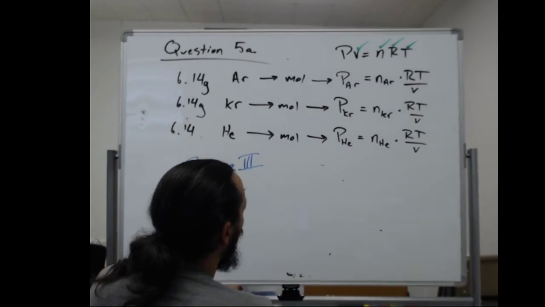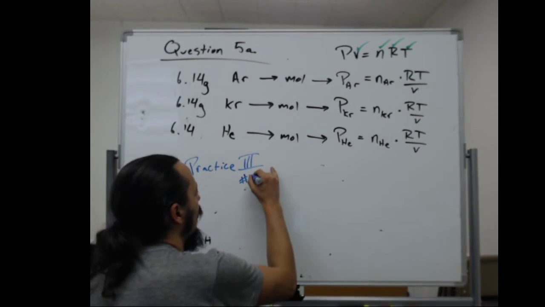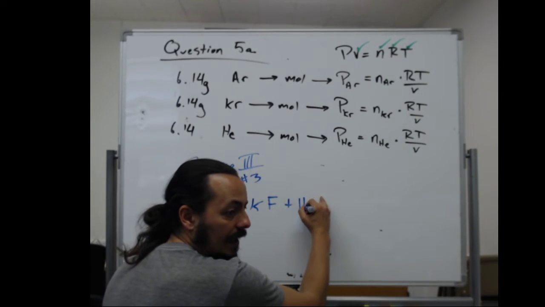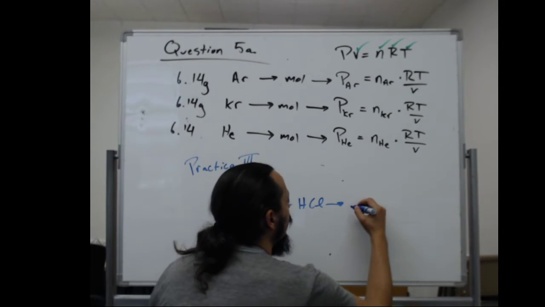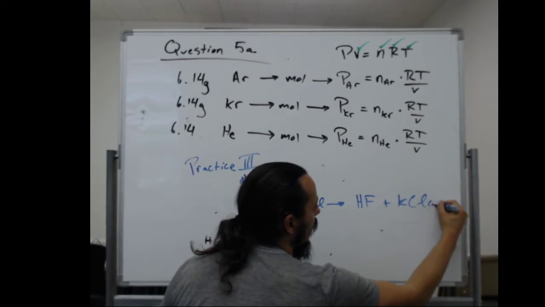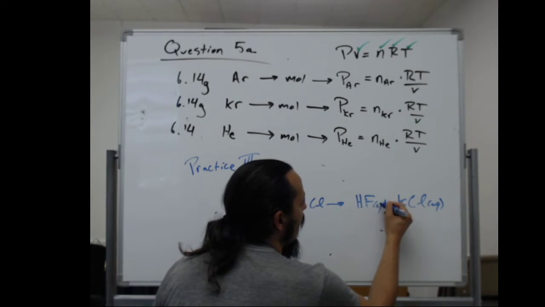So this is practice 3, number 3. We've got KF plus HCl goes to HF plus KCl. Everything's aqueous.